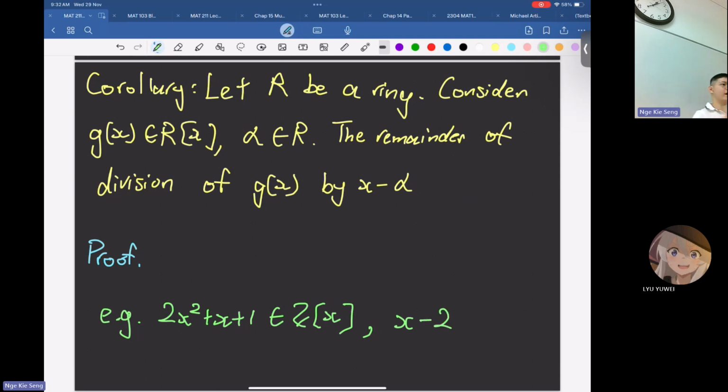Again, do this division. What do you get? What's the remainder? Everyone should do this exercise. Please forget what you learned in school. You haven't learned it yet. Try and do this exercise.